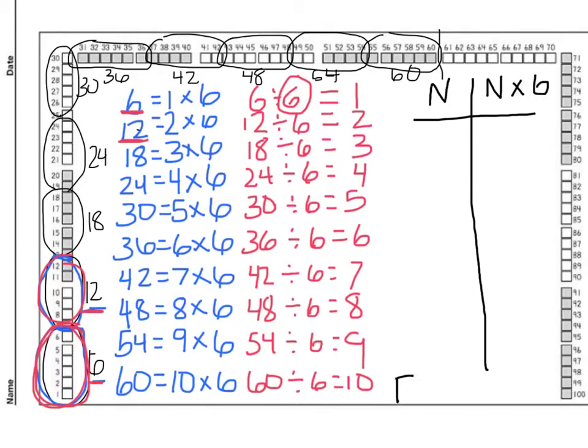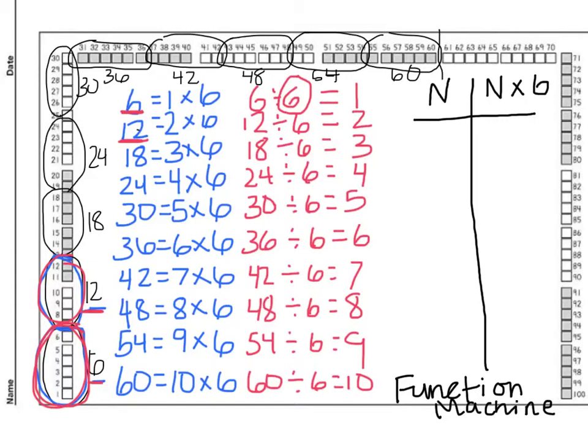This is called a function machine. I'll do my best to write it down here. A function machine is we put a number into an equation and we can change that number. We'll do the same process, the same multiplication process, but we'll get a different number out.